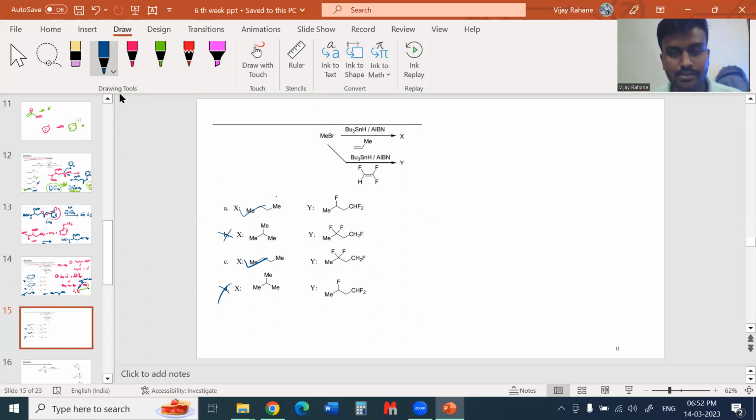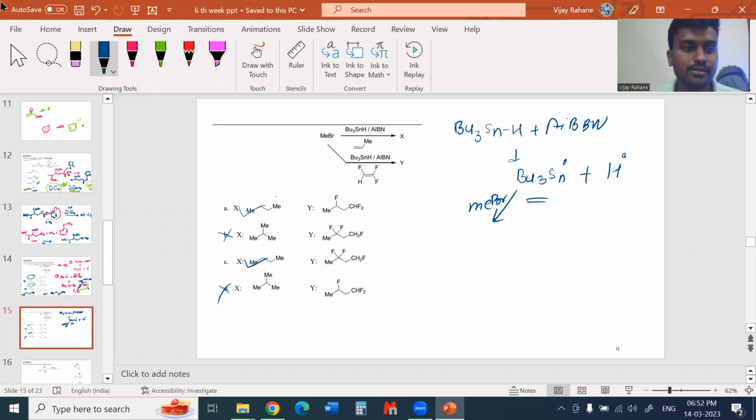In the second path, similarly, as we have seen, Bu3SnH plus AIBN gives the Bu3Sn radical plus hydrogen radical, and when Bu3SnH reacted with methyl bromide, I'll draw it step by step so you can understand.